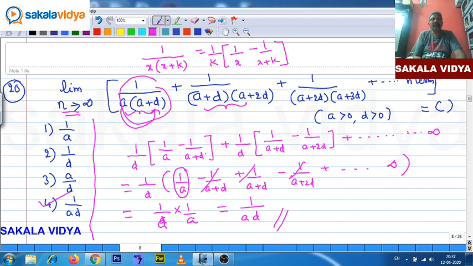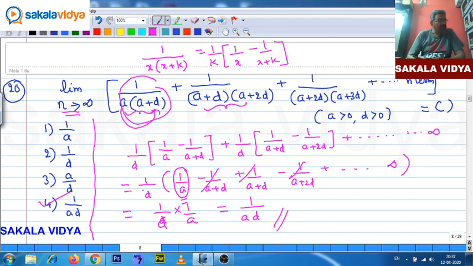That only I have written here. Similarly, partial fractions of this term and this term. So 1 by d is common in all, 1 by a minus 1 by a plus d, 1 by a plus d minus 1 by a plus 2d. Except this term, all the terms get cancelled. So we have 1 by d into 1 by a, 1 by ad. So that's the answer.